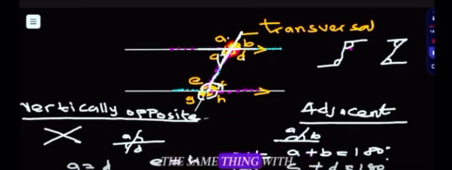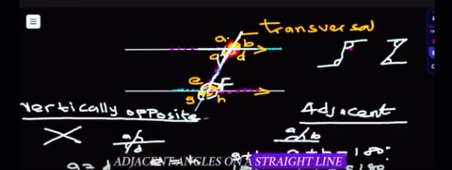The same thing with C and D. So B and D are also adjacent angles on the straight line. They add up to 180 degrees. E and G add up to 180 degrees. Why? They are adjacent angles on the straight line. F and H are also adjacent angles on the straight line.